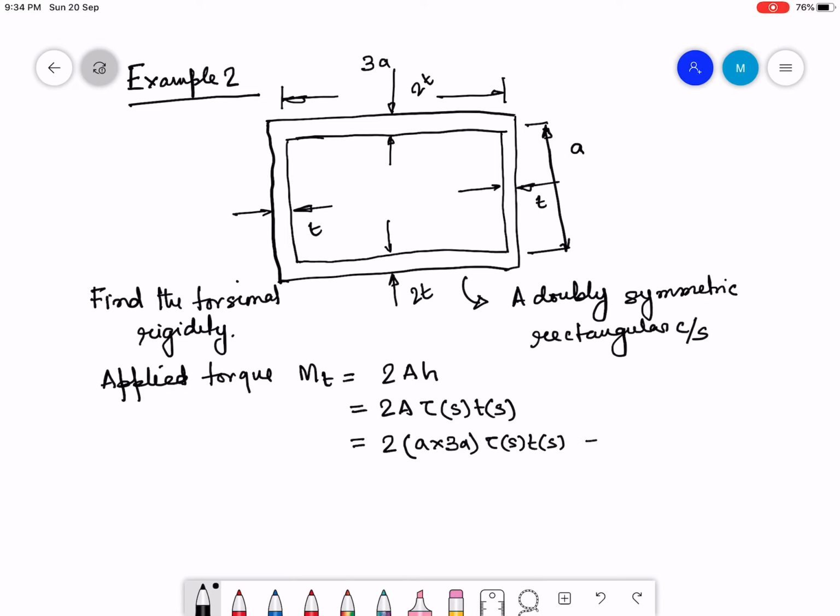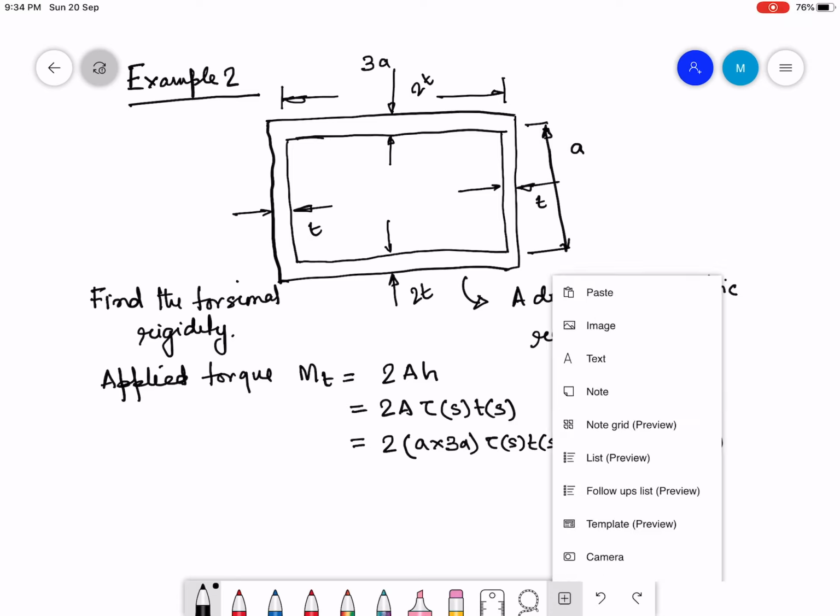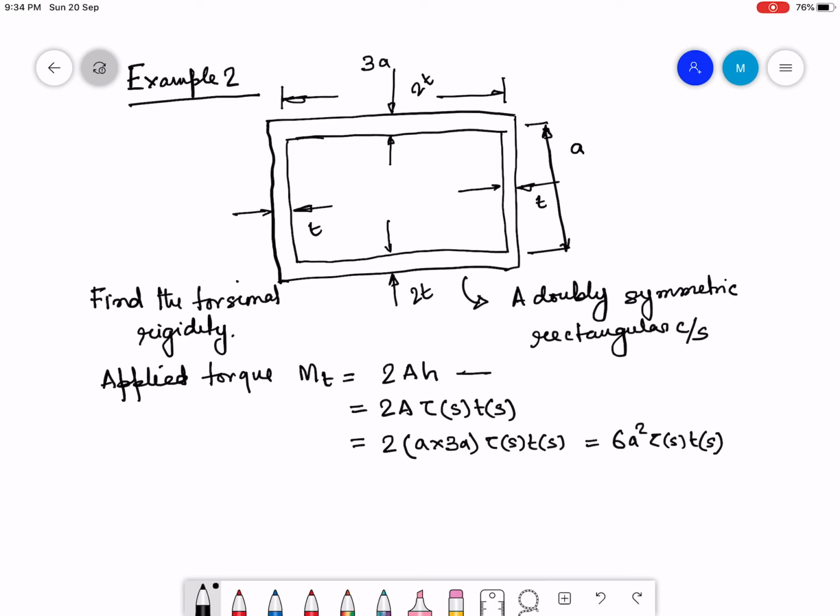So that gives me 6a square tau s ts. This is 2 into the volume enclosed by the deformed membrane. Okay, so this is the first equation that I have got.